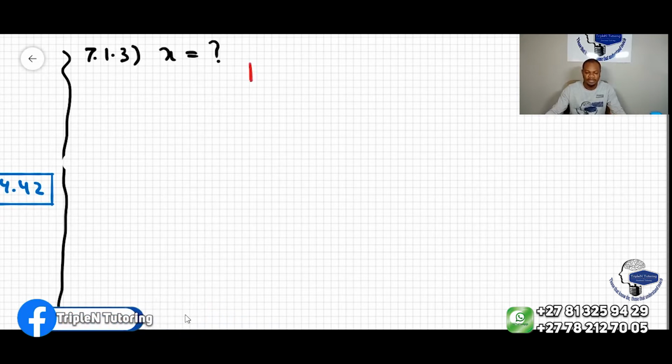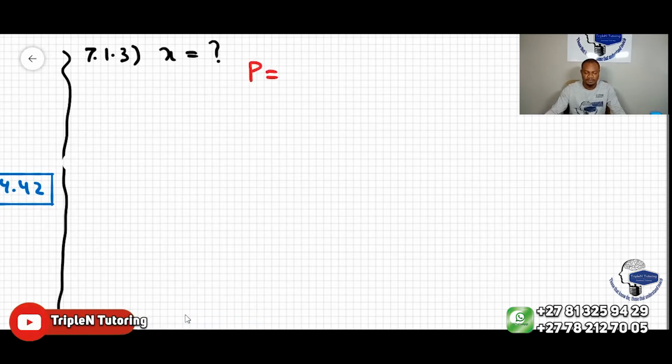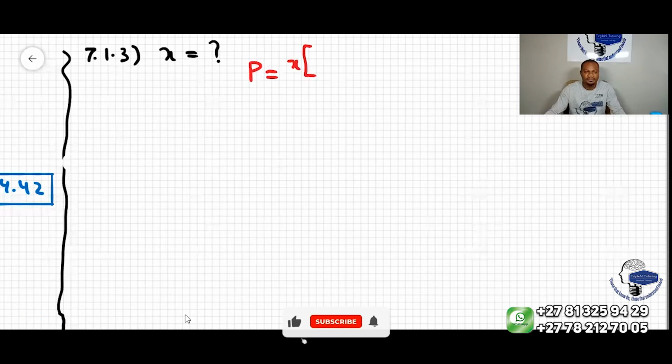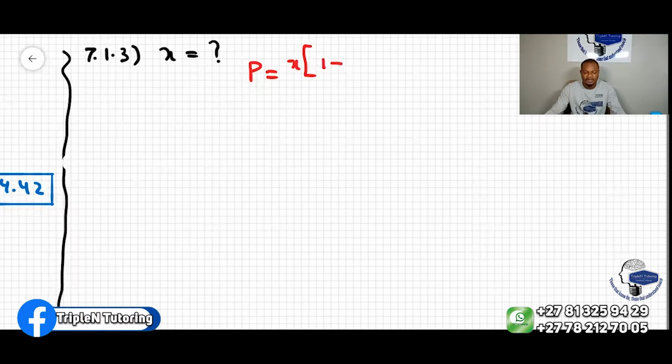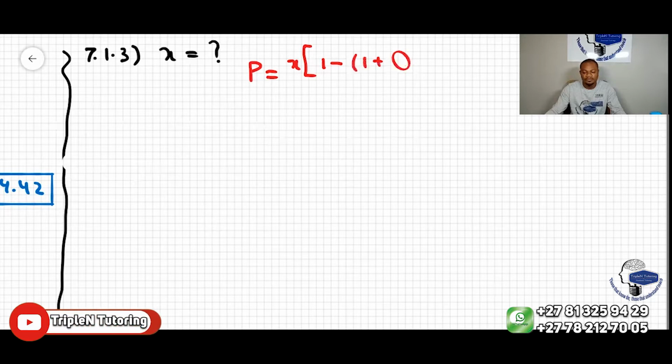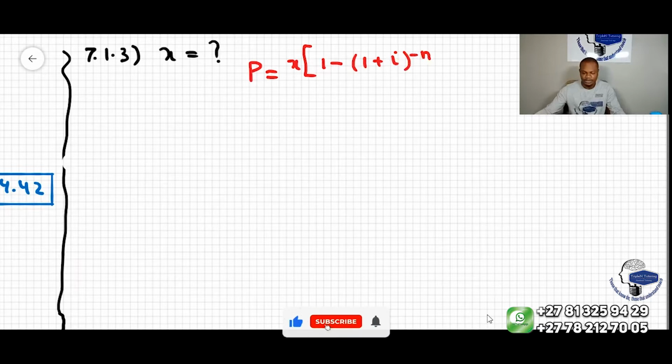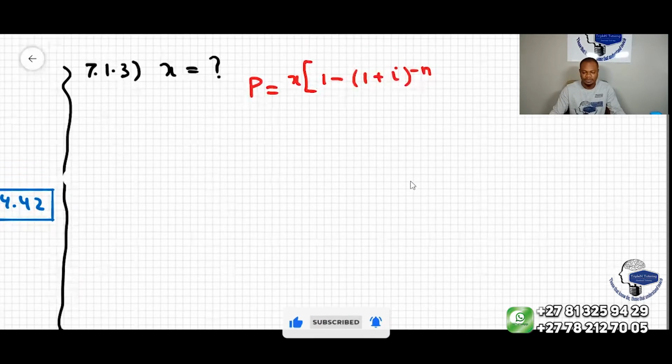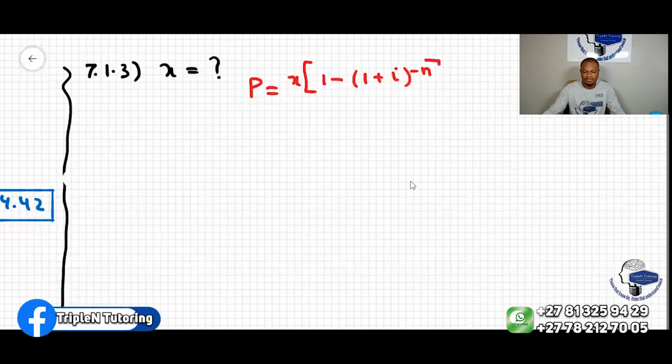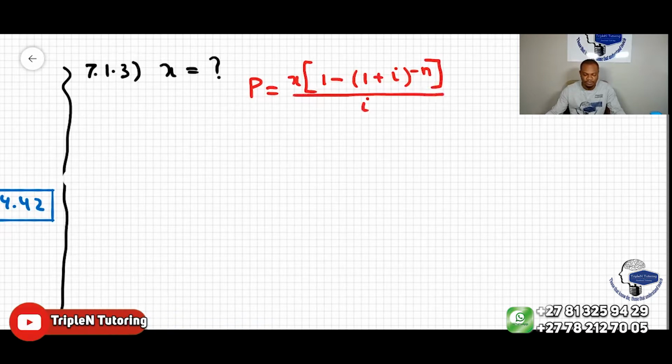The formula is given by P equals X, open square bracket, 1 minus (1 plus i) all to the power of negative n, all over i. Now we're looking for X.